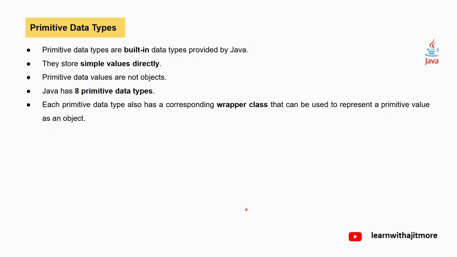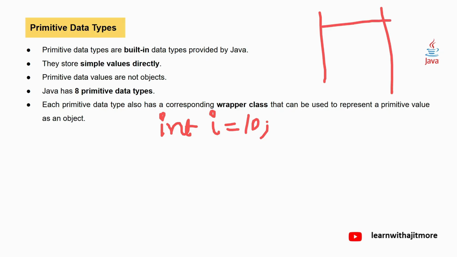Suppose I am writing int i equal to 10. This is primitive. So directly in memory, space is reserved for an integer, 4 bytes, 10 is stored in it, and to this a name i is given.